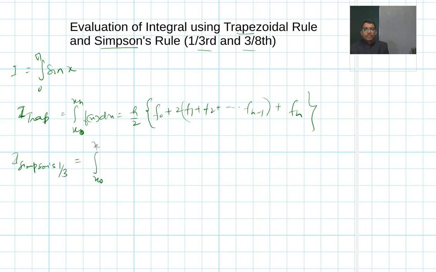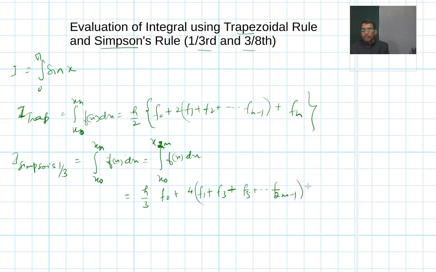According to it, the integral from x naught to xn of f of x dx can be written as the integral from x naught to x2m, because the number of intervals should be a multiple of 2, and it must be equal to h upon 3 times f naught plus 4 times the odd terms f1, f3, f5 and so on up to f2m minus 1, plus 2 times all the even terms f2, f4 and so on up to f2m minus 2, plus f2m. So this is Simpson's 1/3 rule.